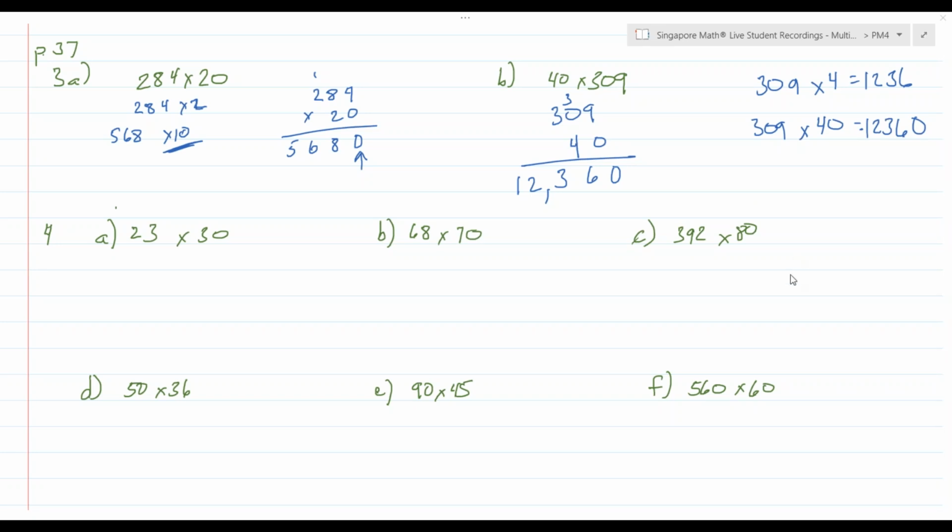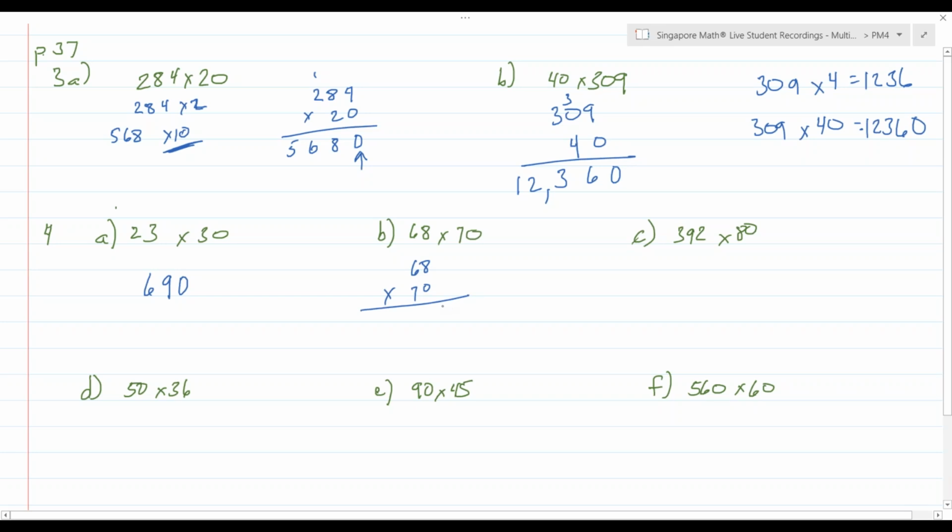Then they give us some more to practice. Some of these you might be able to do without writing it out. Some of them you'll have to write out. 23 times 30. 23 times 3 is 69, and it's that many tens. So 23 times 30 is 690. 68 times 70. I'm going to write that out this way.